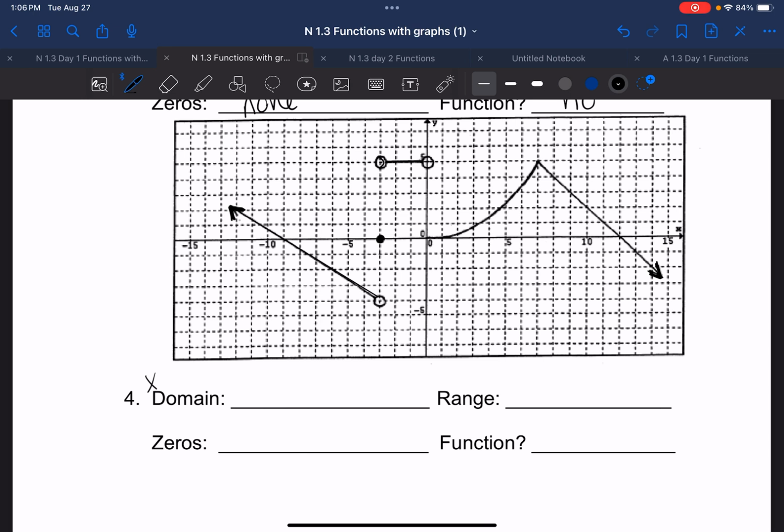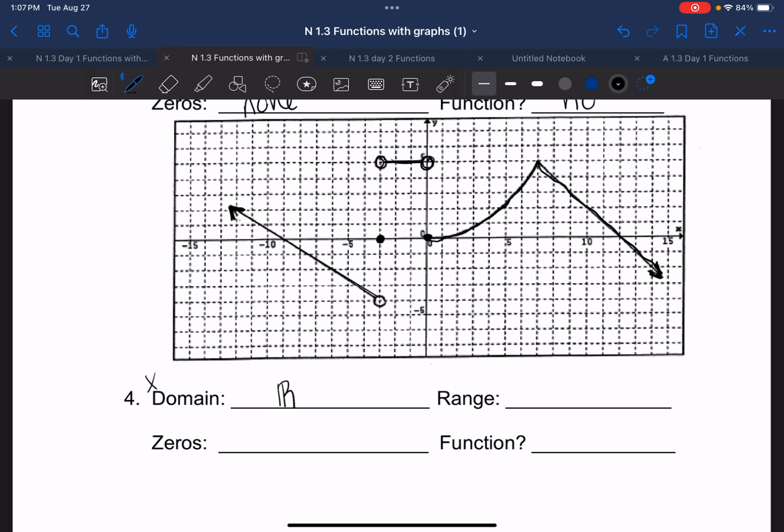So although this is open, it is continuous because of this. We got this line all the way to this open point, but then this picks up here and continues up and down to this arrow. So we are continuous in all places. There are no holes or open spaces, and it is continuous in both directions. Therefore, our domain is everything, so all real numbers.